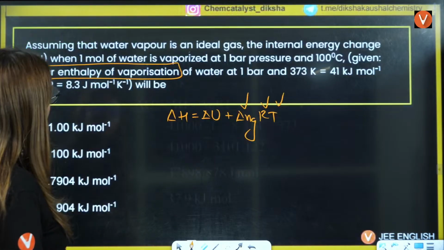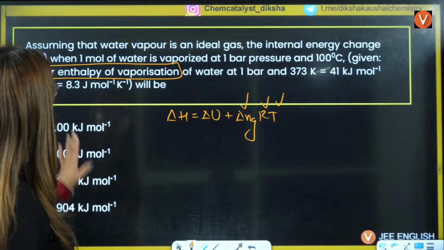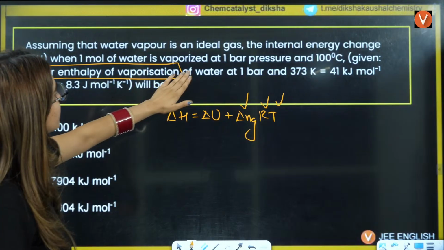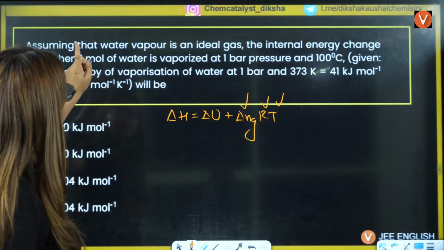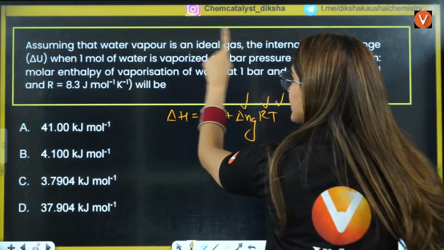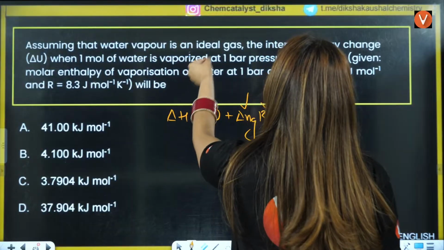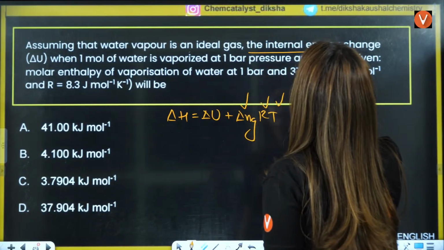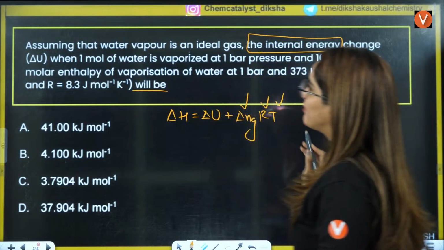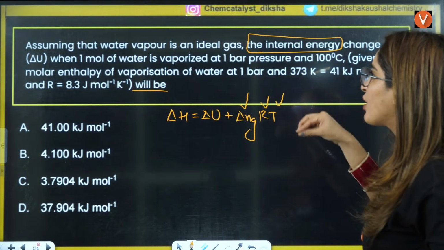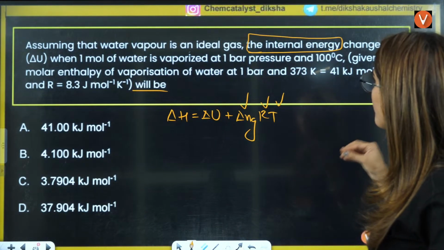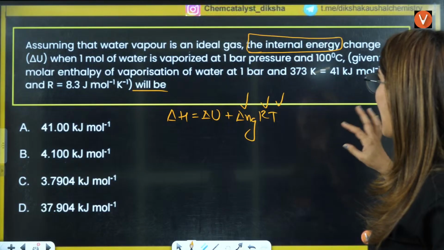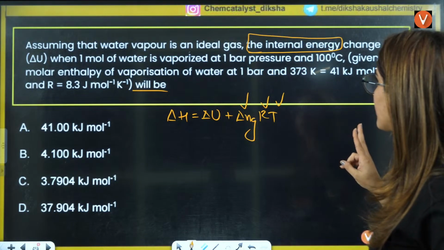Wait a minute. The internal energy change when 1 mole of water is vaporized at this will be... Oh my god, they have internal energy here, and this they have will be, molar enthalpy of vaporization of water.